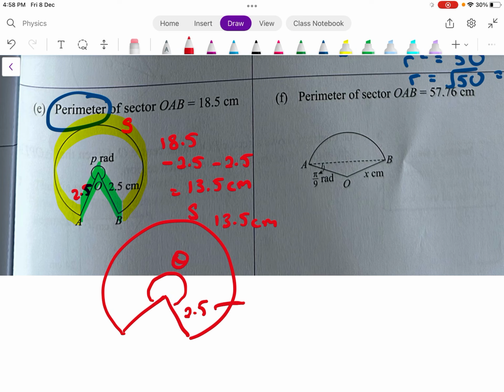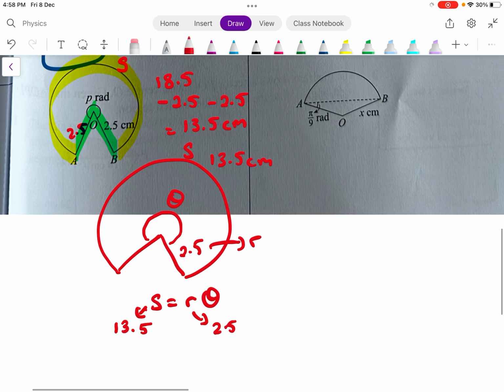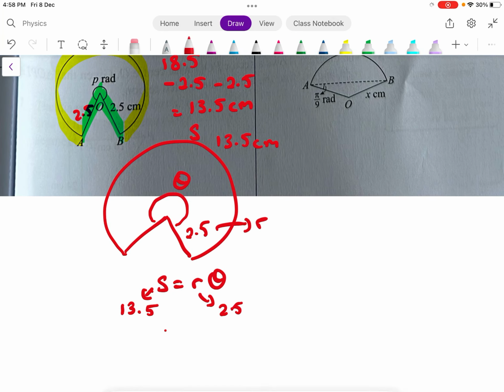So now we go back to S equal to r theta. So what is the S? The S is 13.5. The r, 2.5. Of course, the theta, I believe, is quite simple to find. 13.5 divided by 2.5. So what I will get is around 5.4 radian.